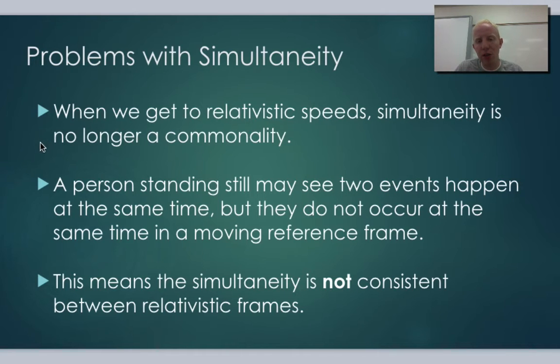So when we get to relativistic speeds or super fast speeds close to the speed of light, simultaneity is no longer commonality, okay? You cannot say that something happened simultaneously in your reference frame and assume that your friend had it happen at the same time in his reference frame, okay?